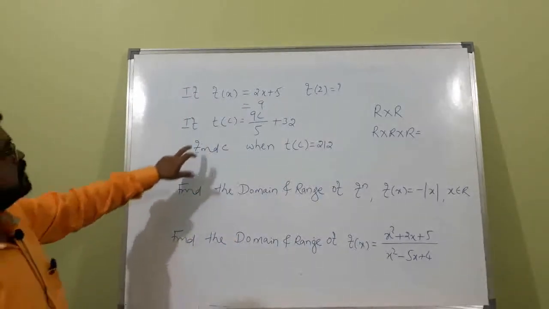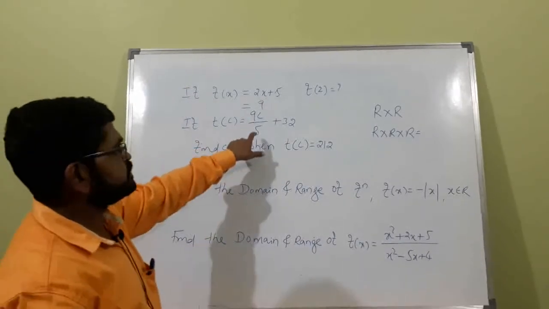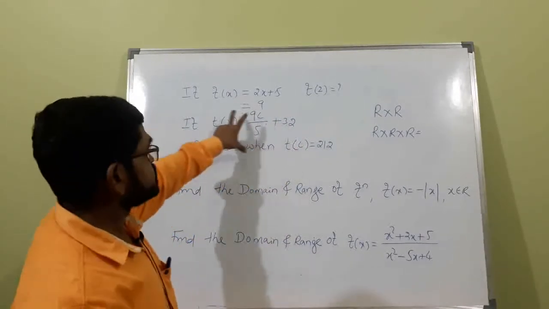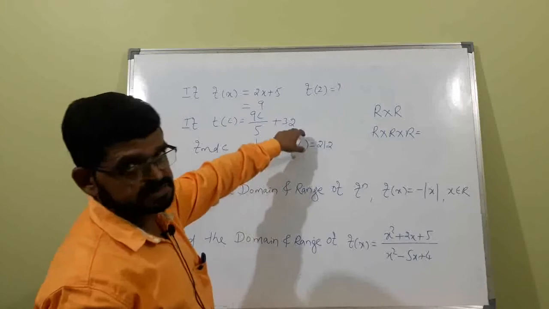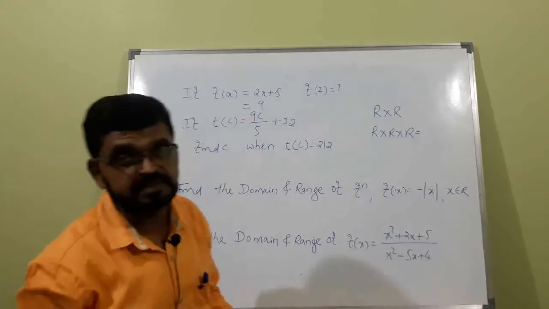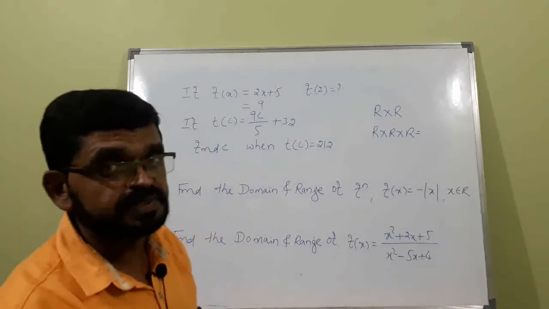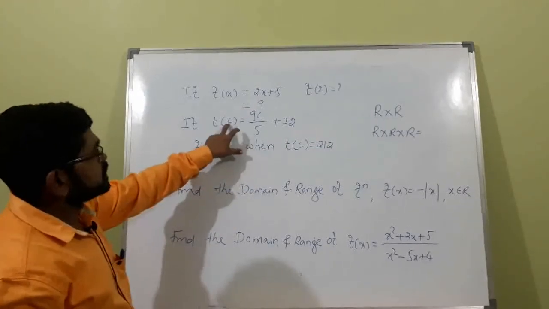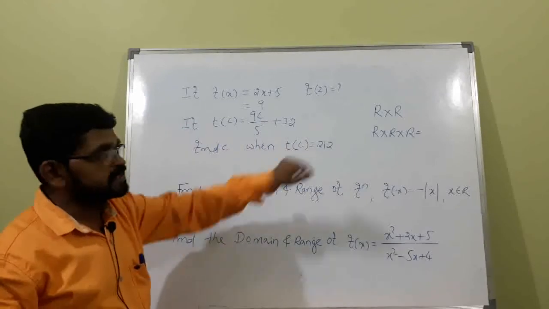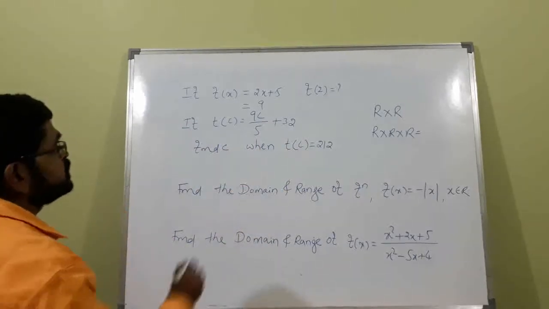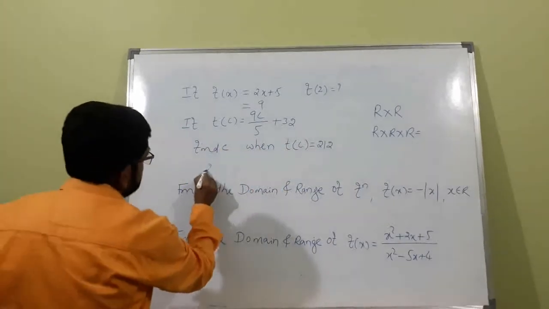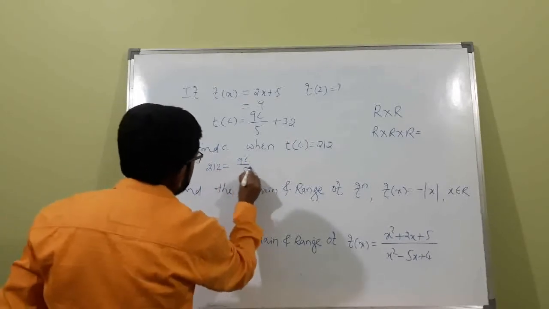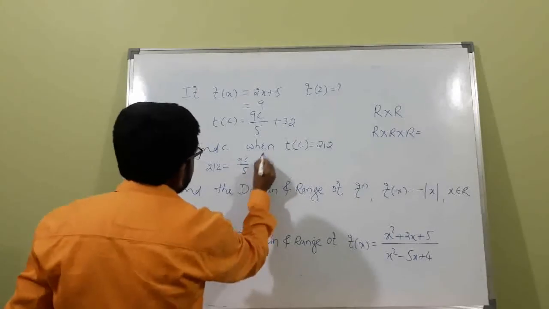If T(C) is equal to 9C by 5 plus 32. You know this. This is the formula which explains the relationship between temperature in degrees Celsius and temperature in Fahrenheit. You are asked to find C when T(C) is equal to 212. T(C) equal to 212 means 212 is equal to 9C by 5 plus 32.